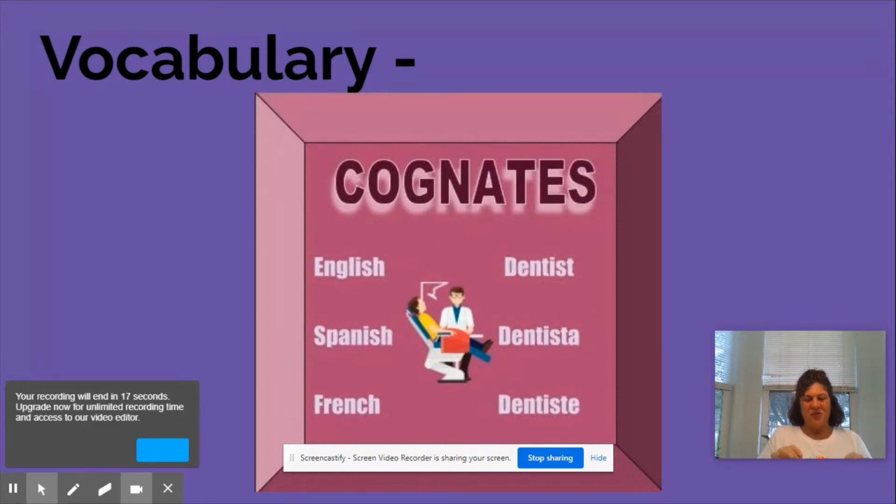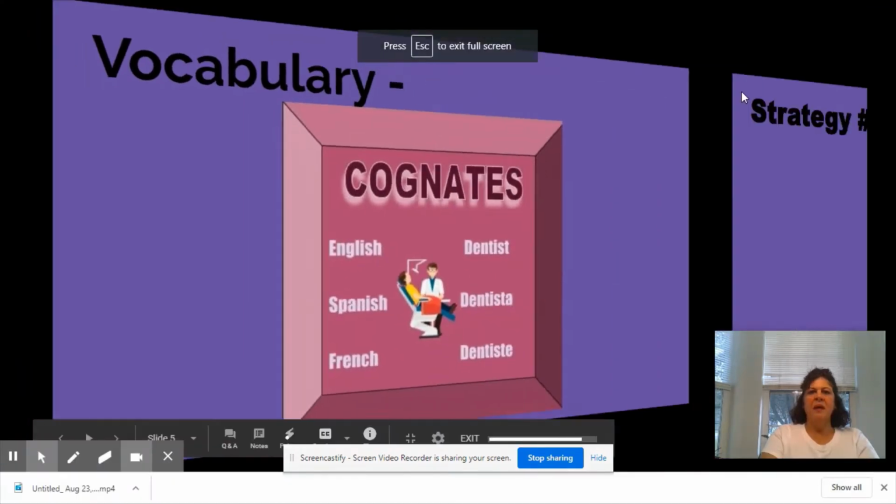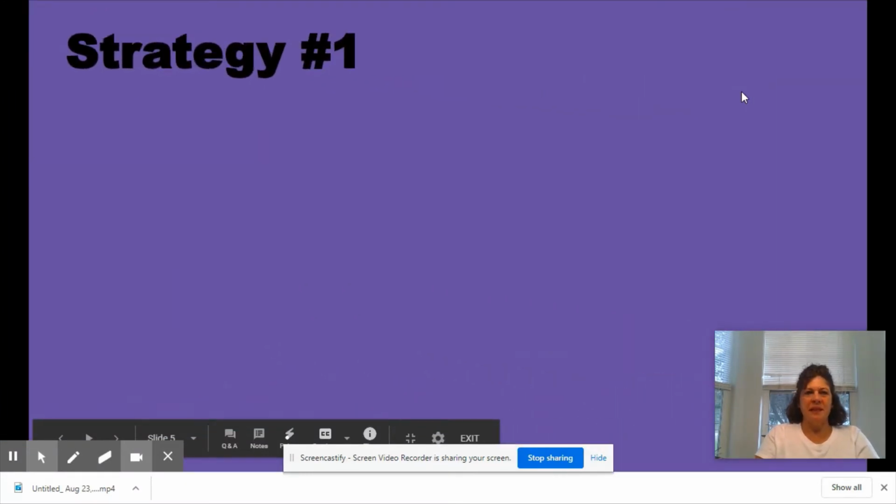I truly say, because one incident is coming to mind, do be careful with cognates. Check them out before you actually implement them in your class. And always remember that not every single word has the same meaning in both languages. We're going to jump right into strategy 1.